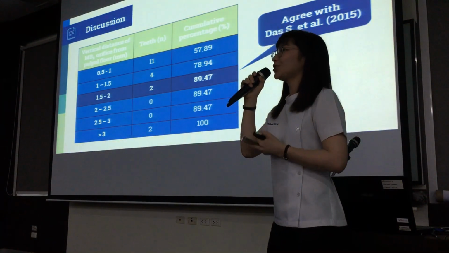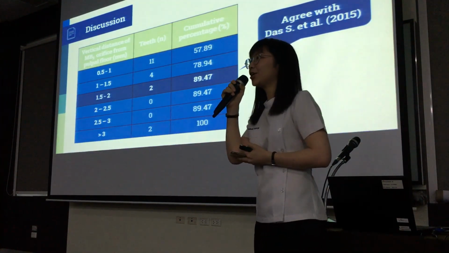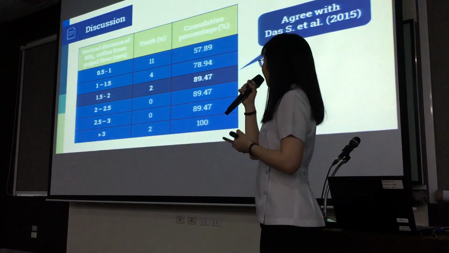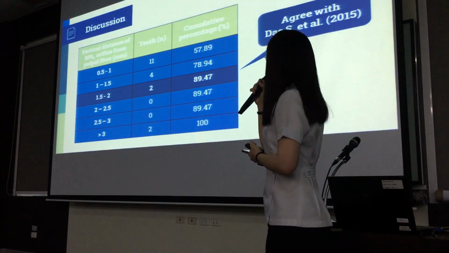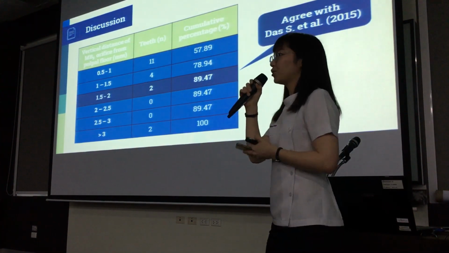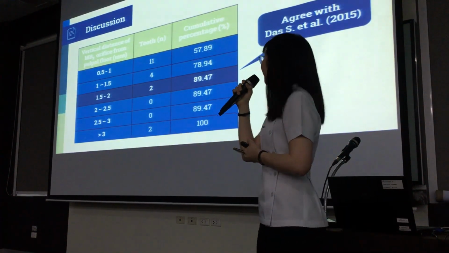For the vertical geometric location, we found that within 2 mm, MB2 separates from the MB1 orifice, and this result is also supported by data from 2015.